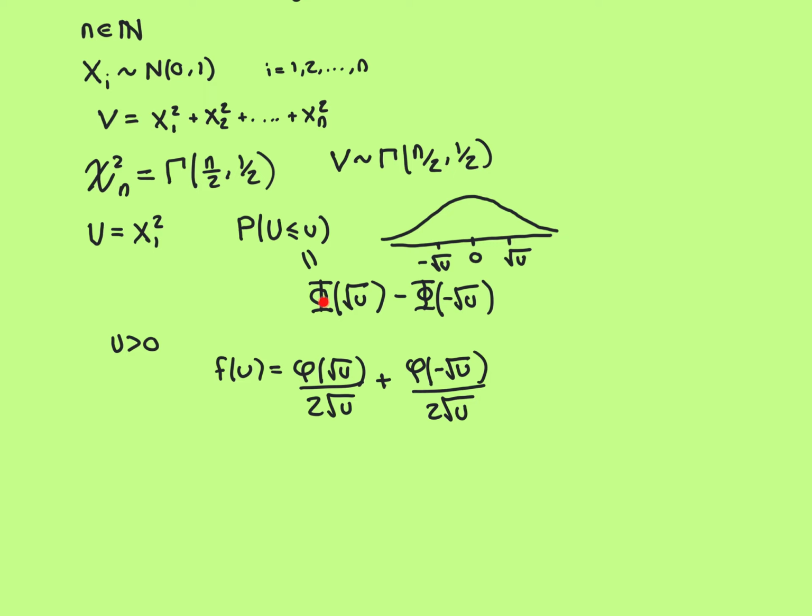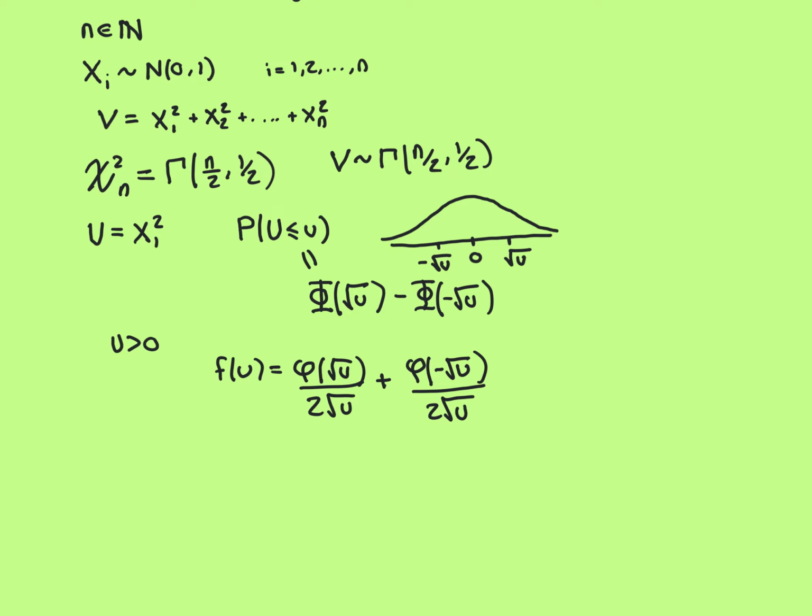So the CDF of the standard normal is going to go to the PDF of the standard normal, which is denoted by lowercase phi. So lowercase phi evaluated at the square root of u, and then we need to times it by the derivative of the square root of u, and that's the problem. The derivative of the function, the square root of u, is infinite at 0. For all the other positive real numbers, it's fine, it's not infinite there, but at 0 it becomes infinite. So that's where it breaks, this process, if we try and do it for u equal to 0.